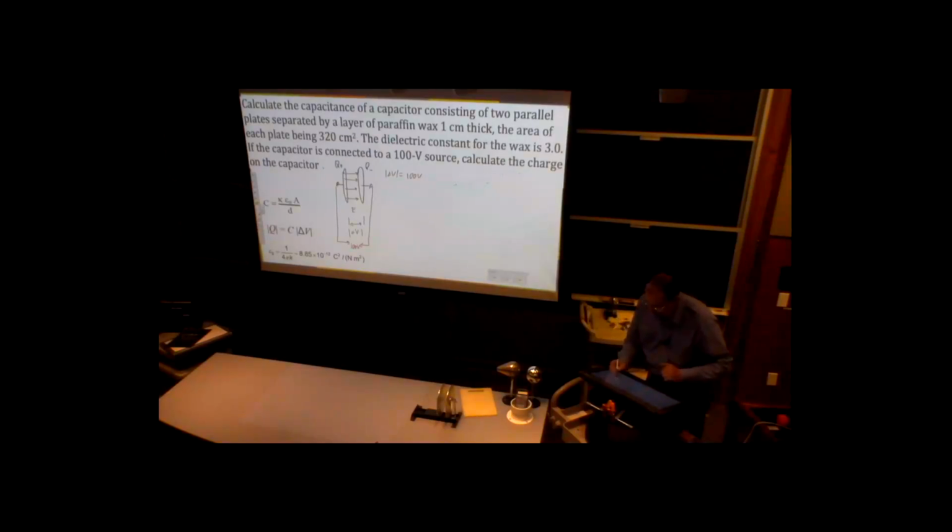So C is equal to K epsilon naught A over d: 3, 8.85 times 10 to the negative 12. Area. This is the part when people might make a mistake because we need to convert centimeters squared into meters squared.